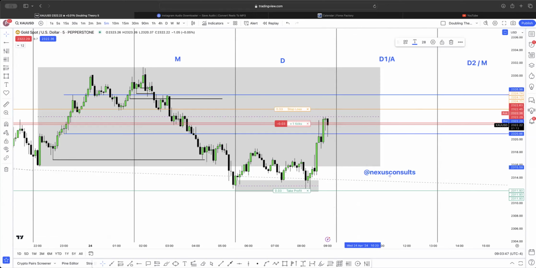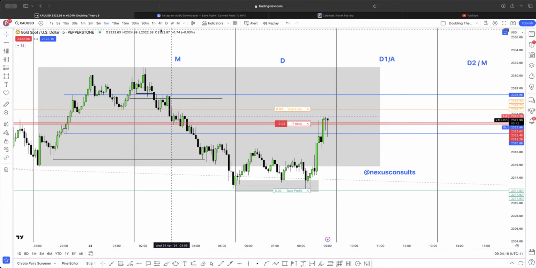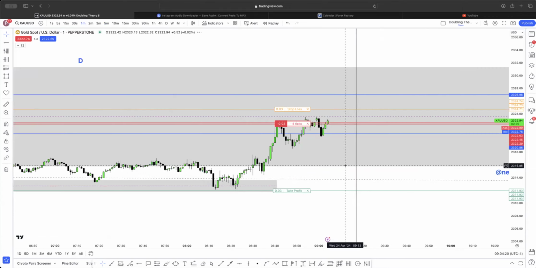Okay, so let's just watch this price, and give me 1 second. Okay, so let's dive down to the lower time frame and see what's happening as per the rejections right now. 1 minute chart.